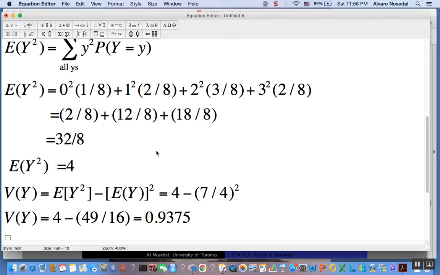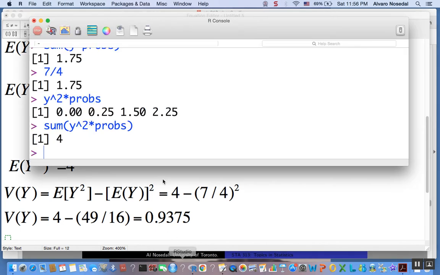And since we found the expected value correctly, then our variance is going to be correct and our standard deviation will be correct as well, right?